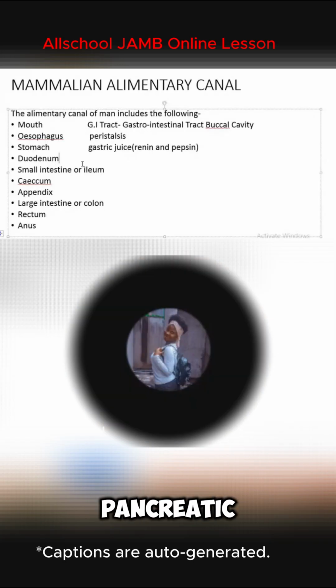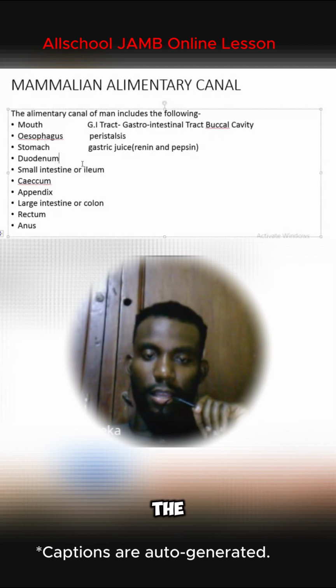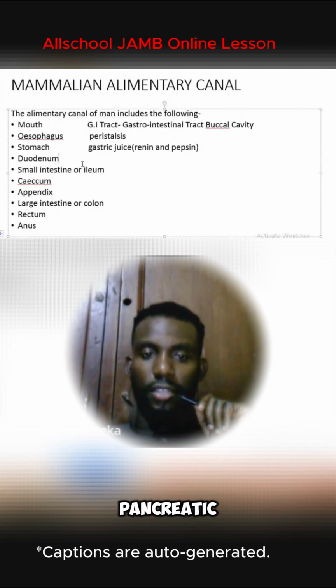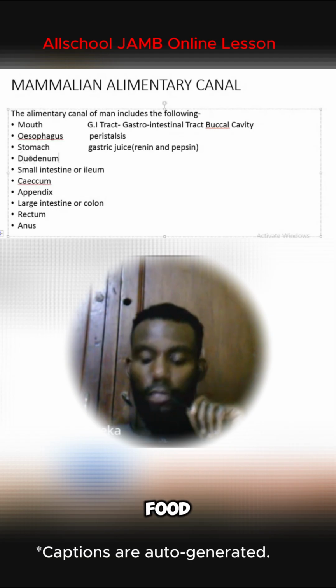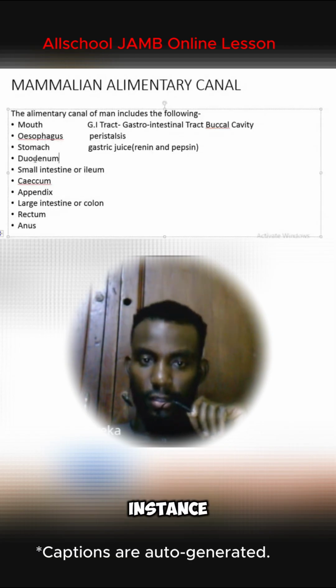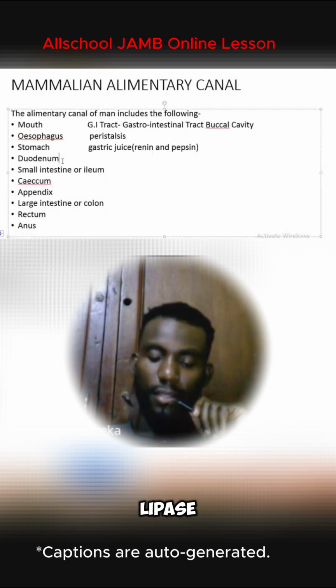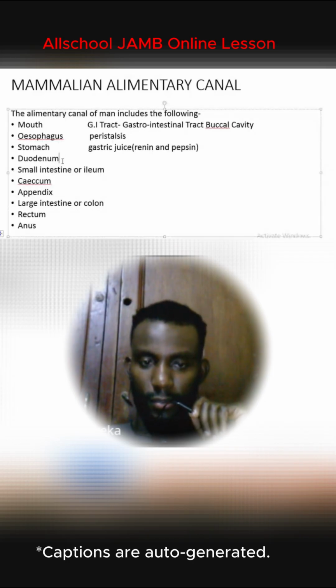What the enzymes in the pancreatic juice of the duodenum do is convert food into its simplest form. For instance, some of the pancreatic juices are amylase, lipase, and trypsin.